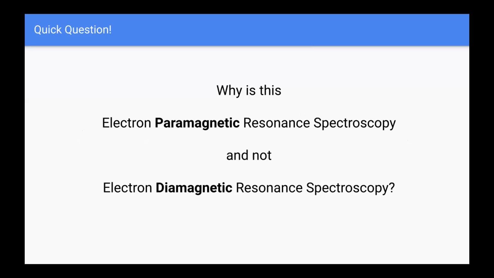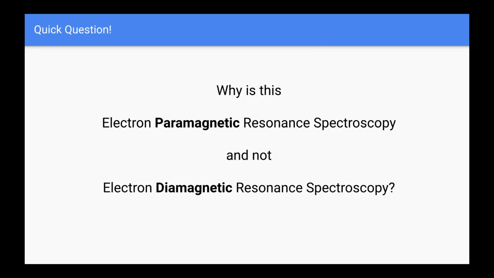Why do we need it to be paramagnetic and not diamagnetic? Think about the electron spinning and maybe a magnetic field. The spins would cancel out in diamagnetic. Yeah, so it cancels out.